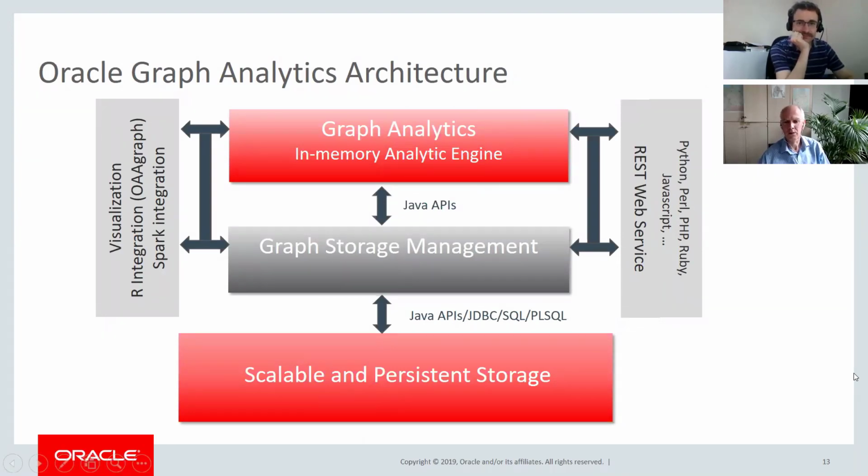The Oracle Spatial Graph offering on the database means we have a storage layer, as I said, down in the database, and an in-memory analytics engine, which basically either works on a subgraph, which we extract from the database, or usually folks really load the complete graph into the in-memory data structures and run analytics there.